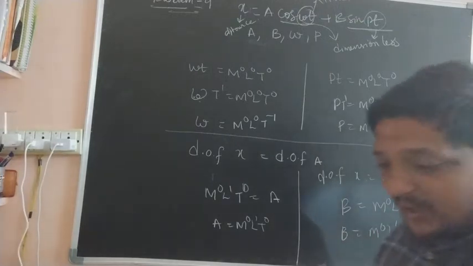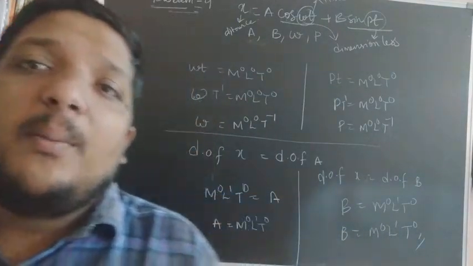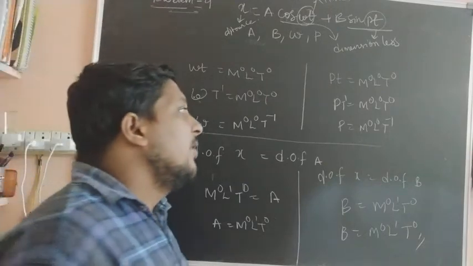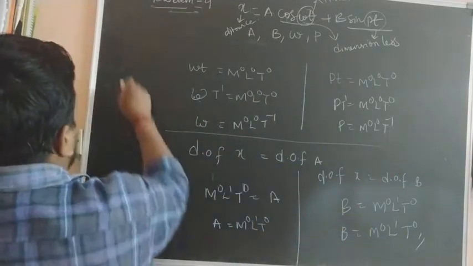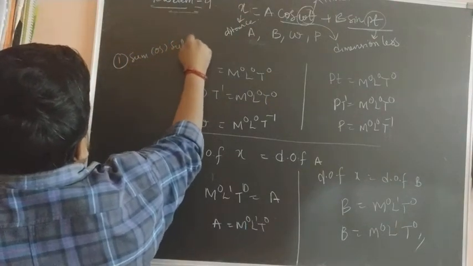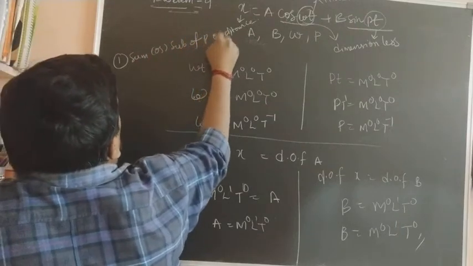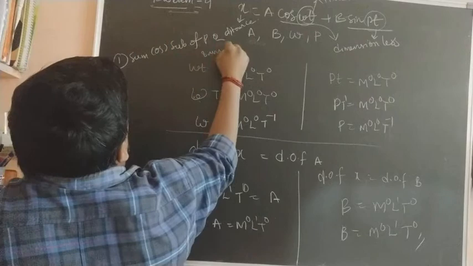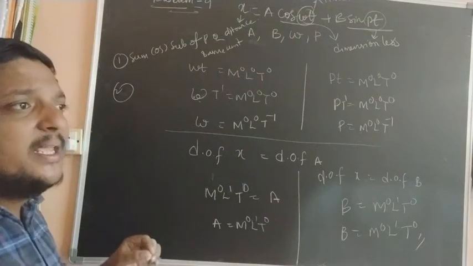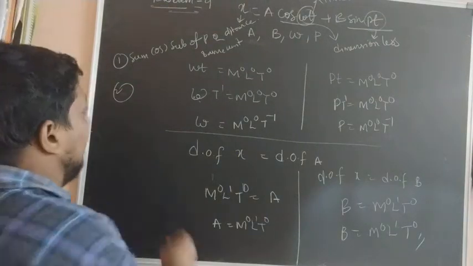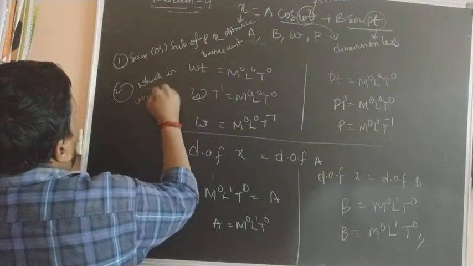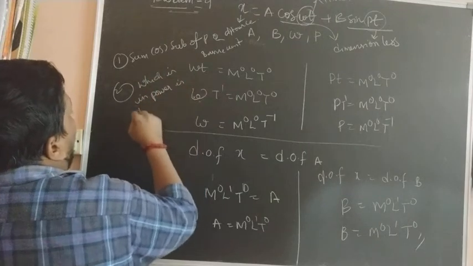In this way, we can find any dimensional formula by using the principle of homogeneity. In the principle of homogeneity, we need to consider mainly three things. First, the sum or subtraction of physical quantities happens only when they have the same units. The second one is any physical quantity which is in a power is dimensionless.